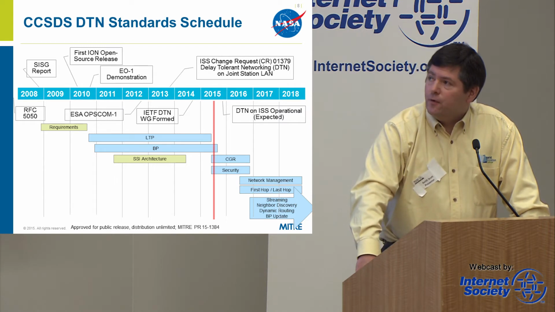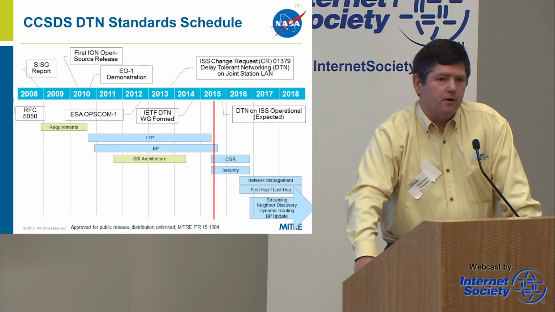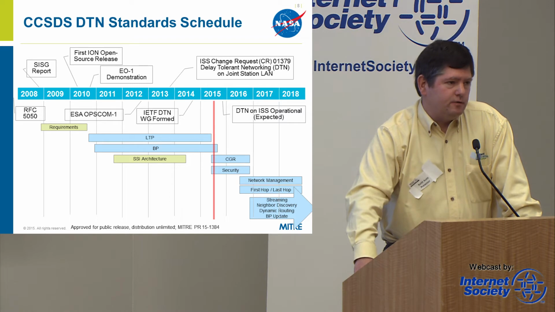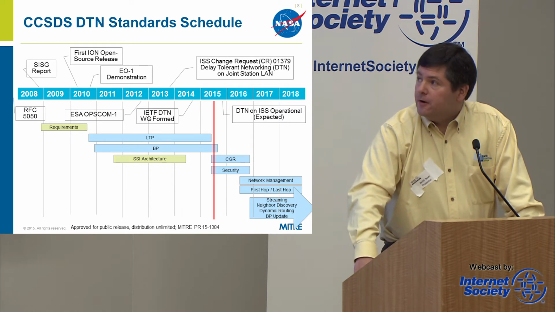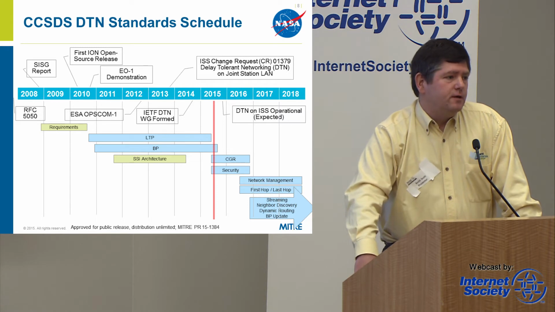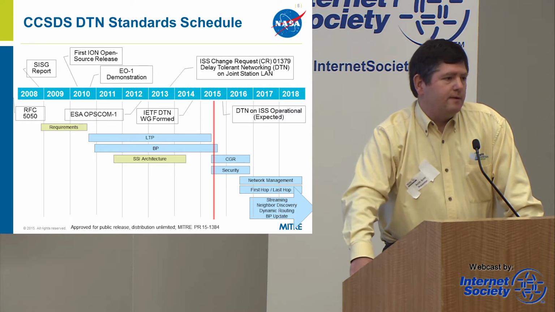For instance, the service specification for bundle protocol was originally designed to be idempotent. You send a bundle, it's an atomic unit, and off it goes. And our notion at the time was that if you needed to send a 100 meg file or a gigabyte file, you'd send it as a bundle, and that would be that.